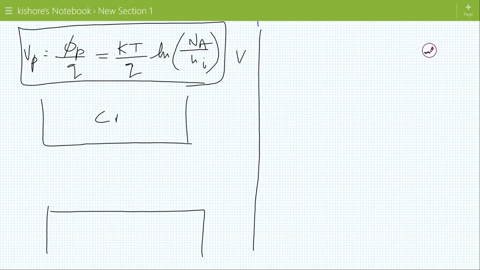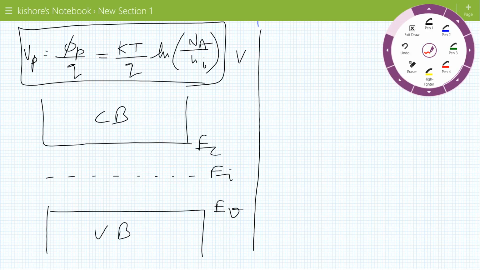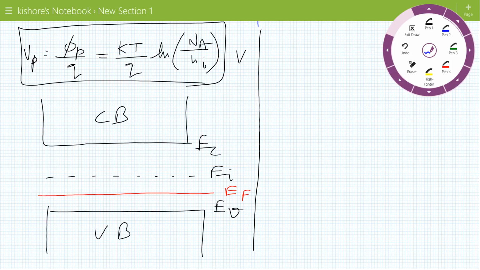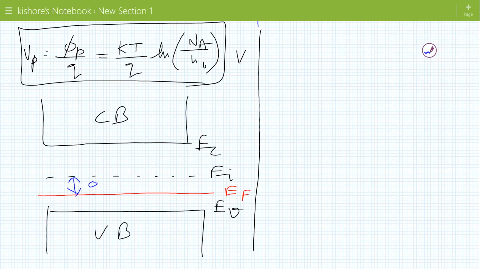This is the conduction band and valence band. The position of Fermi energy level for lightly doped p-type semiconductor is Ef. So this difference is phi p, electrostatic potential for p-type semiconductor.